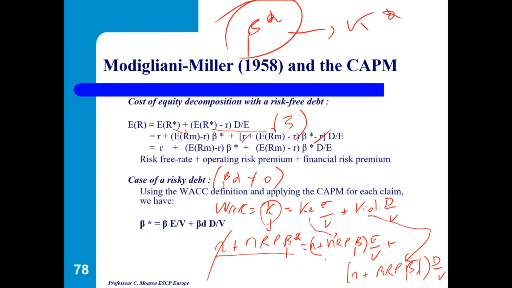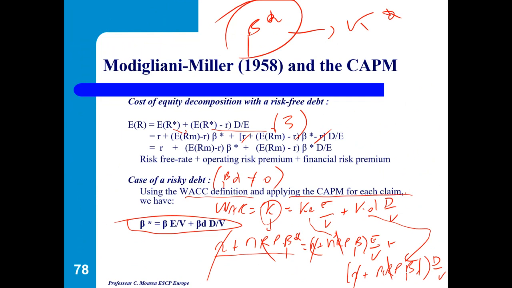And what you have here is you can simplify R, because E plus D equal V divided by V is 1. So I can eliminate that. And then you can eliminate market risk premium, market risk premium, market risk premium.